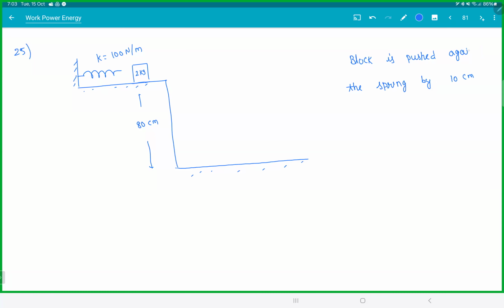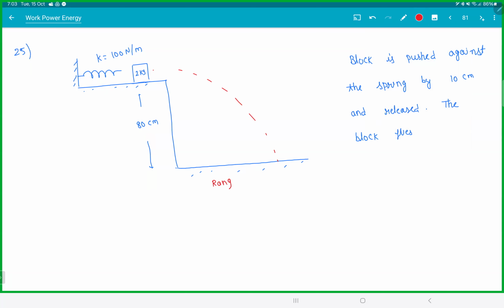You ever played with a dart gun? You push the dart against the spring, right? And then you shoot. So when you push it by 10 centimeters and release, the block flies off the table and lands on the ground.